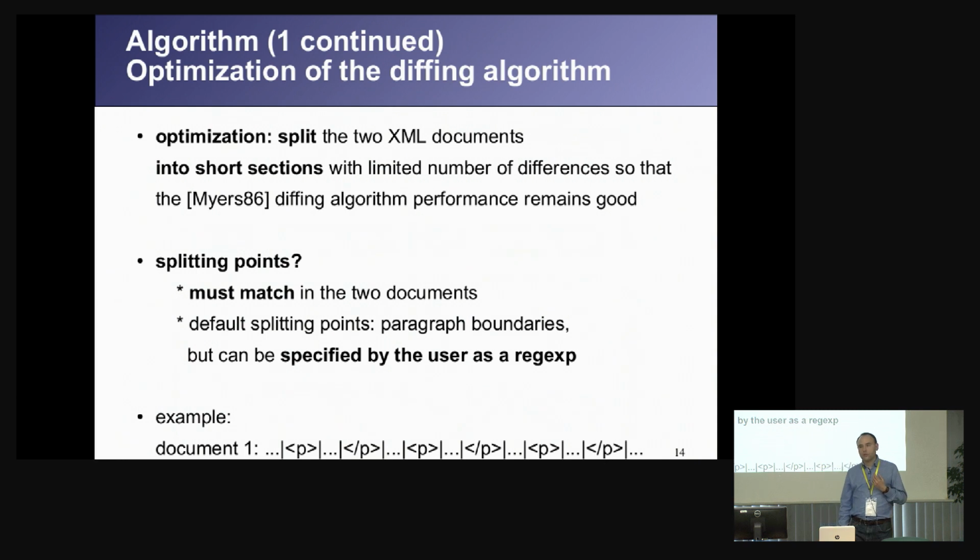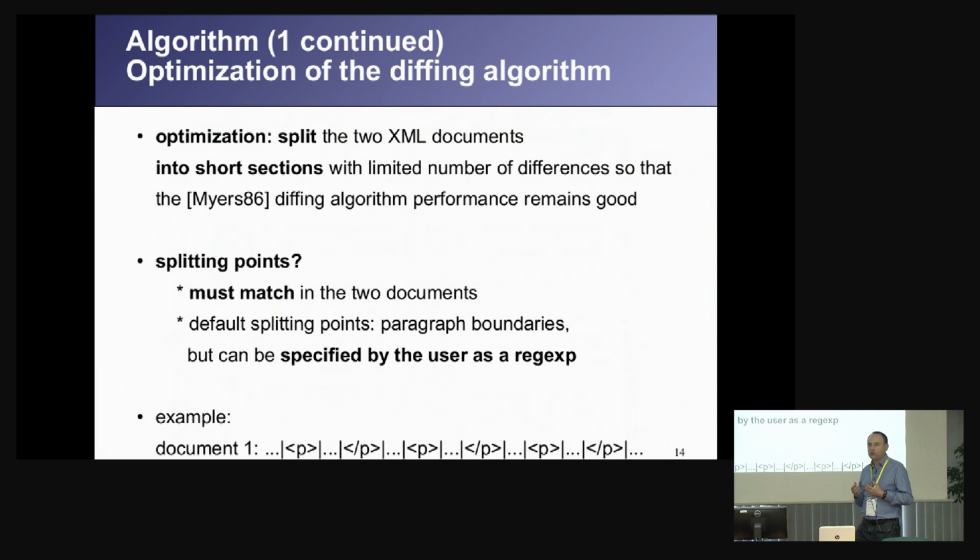So what we did was to optimize how the algorithm is used. We decided to split the two XML documents into many short sections with only a limited number of differences in each section, so that the Myers-86 algorithm performance remains good. The question is, which splitting points do we choose?